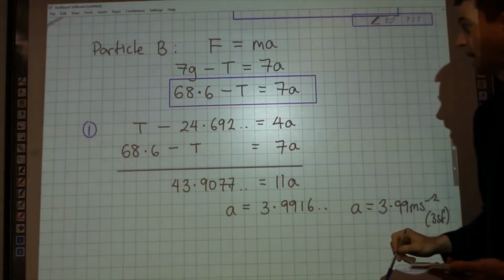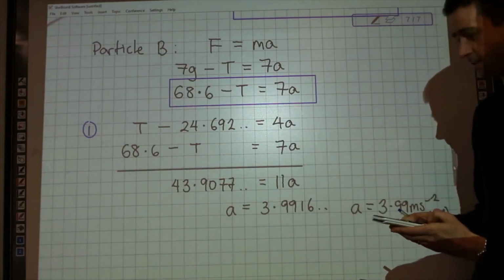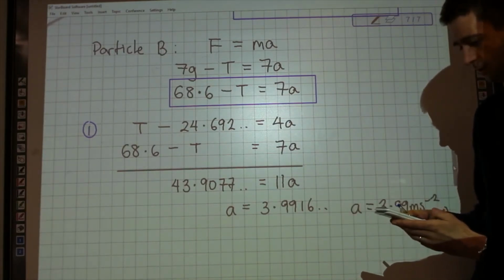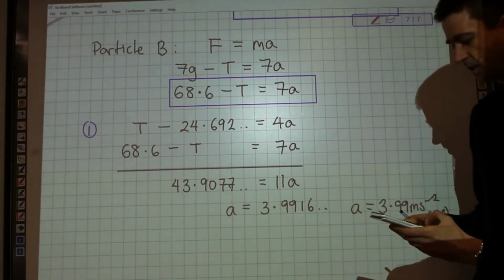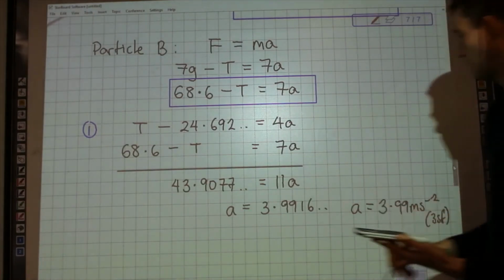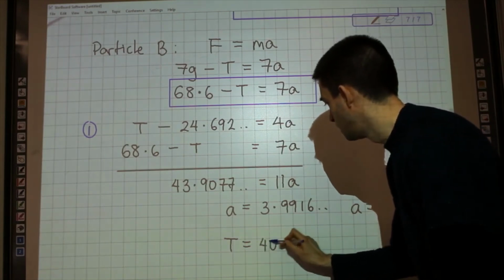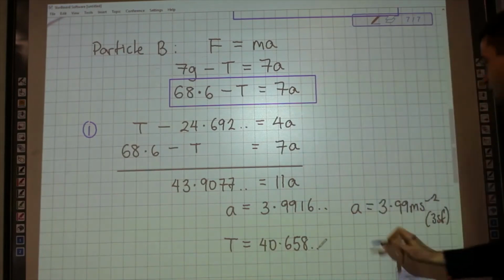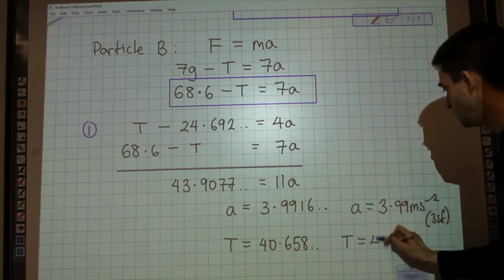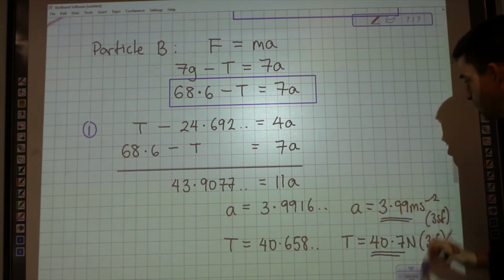And if I substitute that value into either of the equations, so if I multiply it by 7 and subtract it from 68.6, I get my T to be 40.658, so my tension is 40.7 newtons to 3 significant figures.